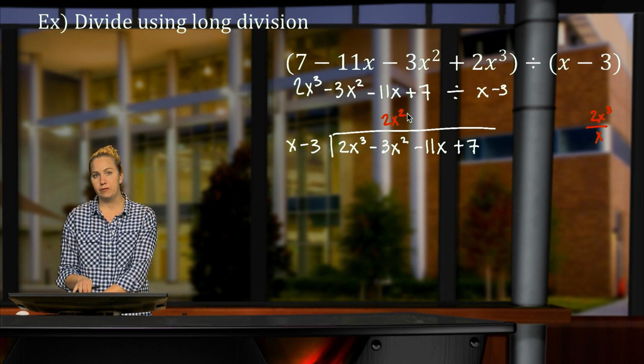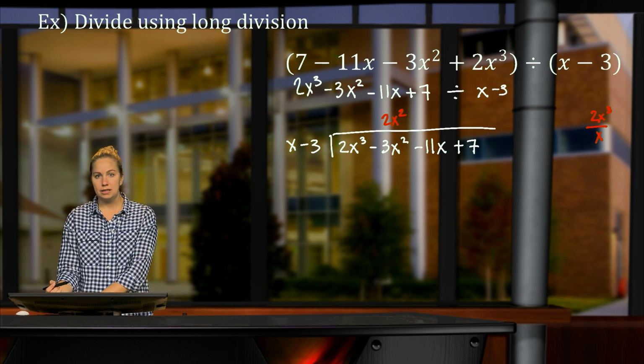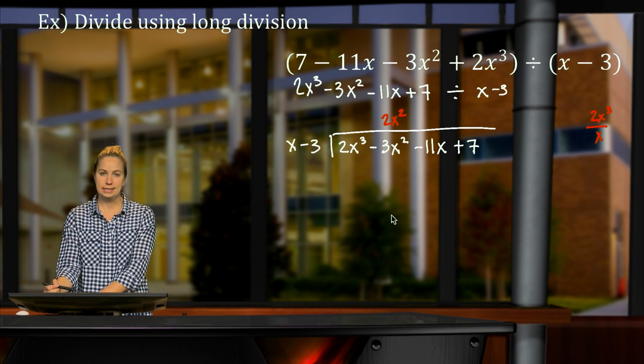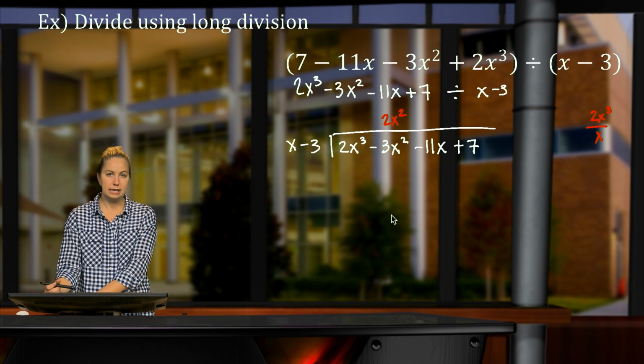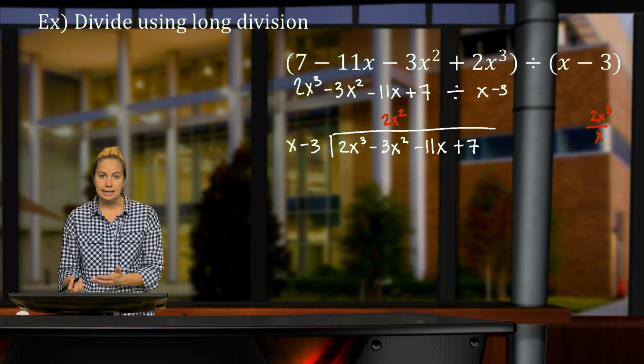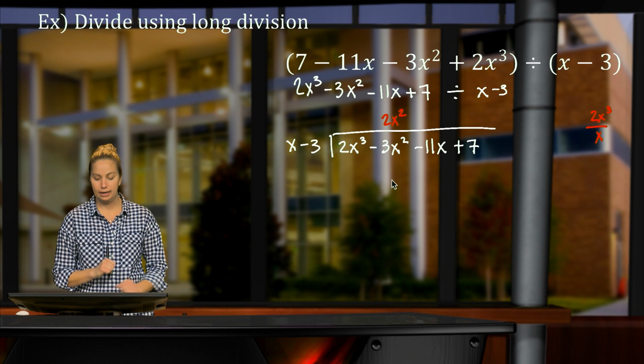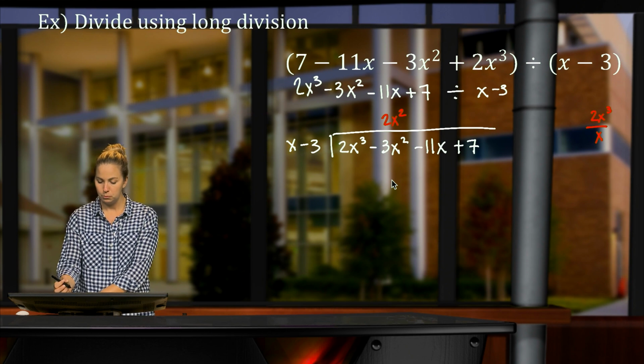Now I'm going to pause here for just a second. If you noticed in the last example, I'm lining up my like terms. It's not essential that you do that. I just do that because I like things to be organized. But it's not necessary. It just is set up so that they're lined up with their like terms.